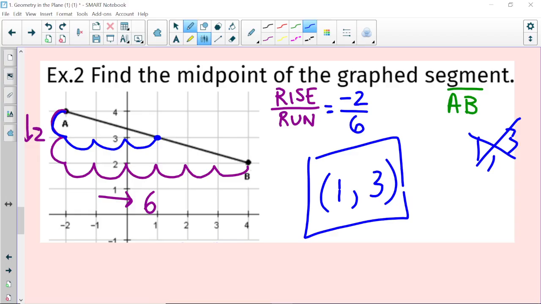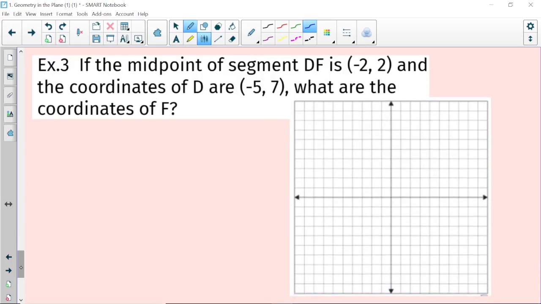Okay, let's look at number 3, because number 3 is the one we are probably going to see more often. Number 3 says, if the midpoint of segment DF is negative 2, 2, and the coordinates of D are negative 5, 7, what are the coordinates of F?